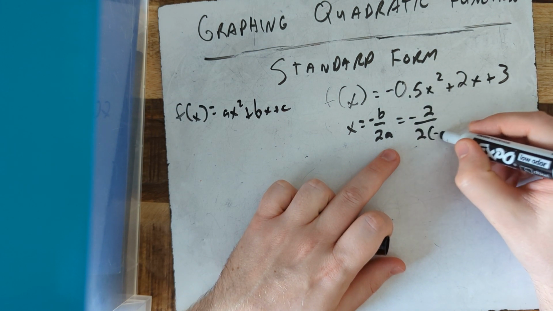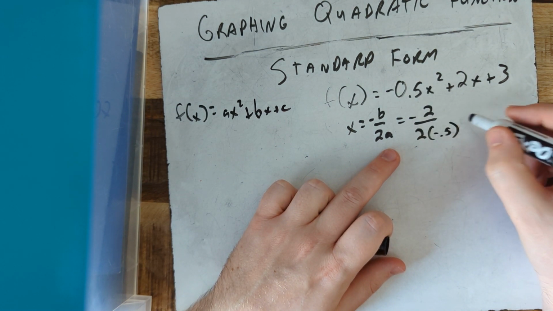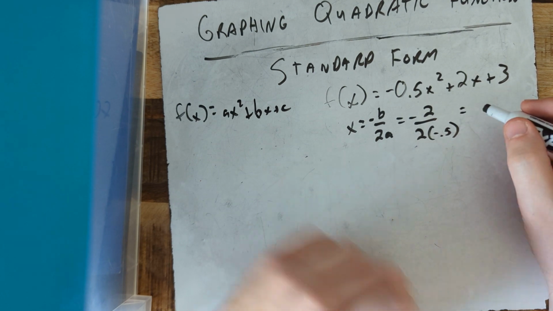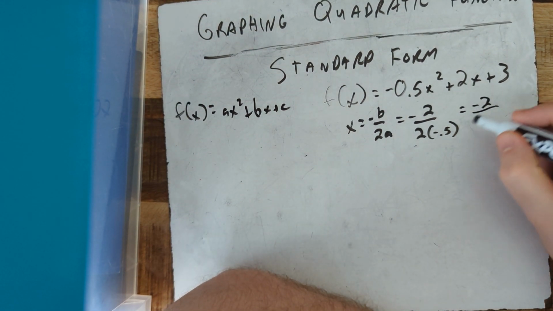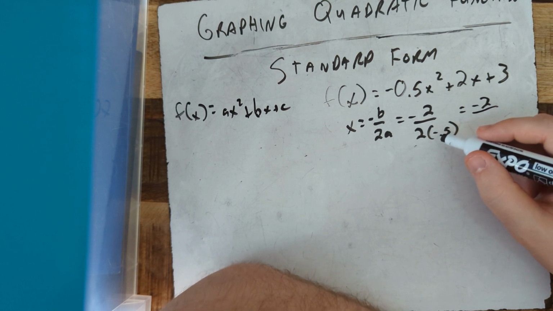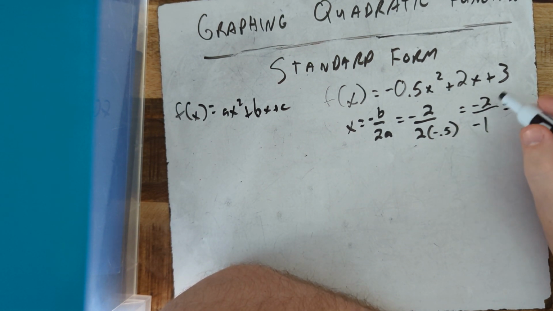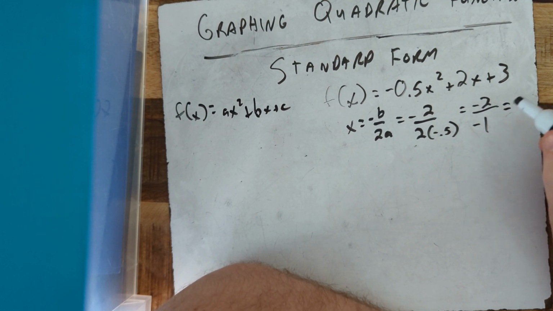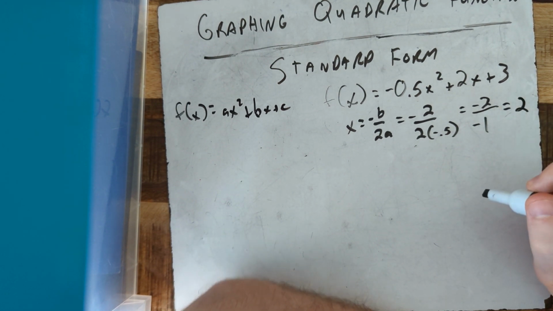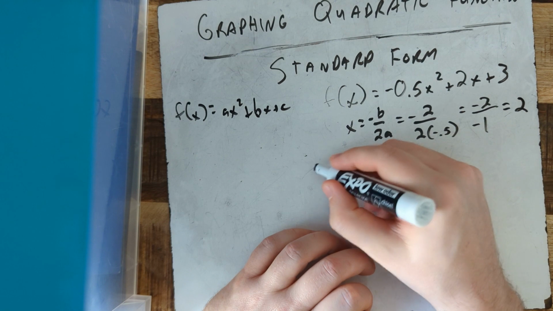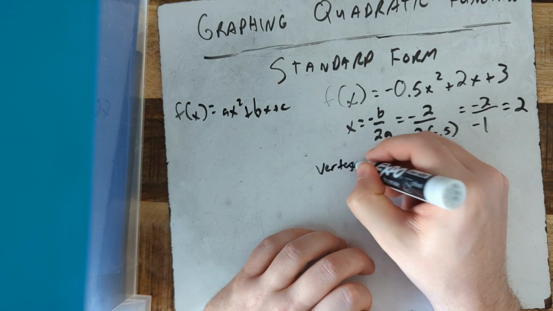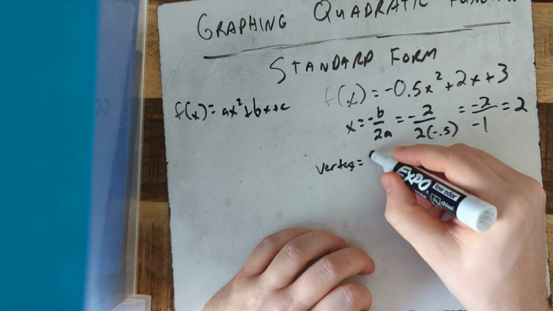So we're going to multiply 2 times -0.5. When we do that, we have -2. And then half of 2 is 1. And it's a negative here, so it stays negative. And -2 divided by -1 gives us a +2. So we know for our vertex, our x is at 2.